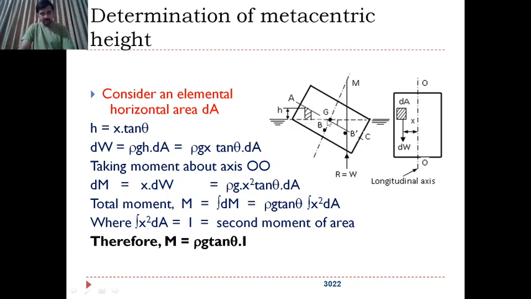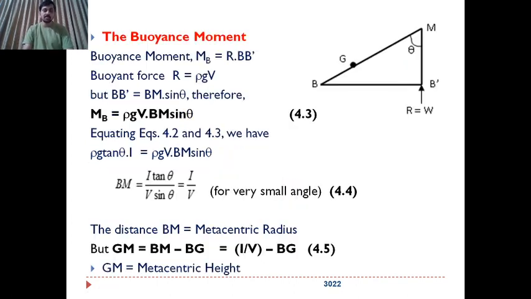But since it is in the tilted condition, B is shifted towards B dash. That's why we need to take into consideration the moment of inertia, or second moment of area, of the immersed or floating body, as well as, since it is immersed in liquid, how much volume of the fluid is displaced.